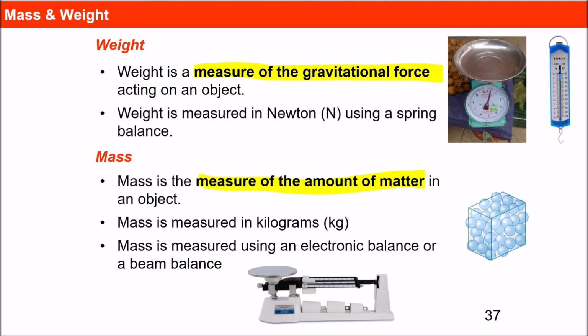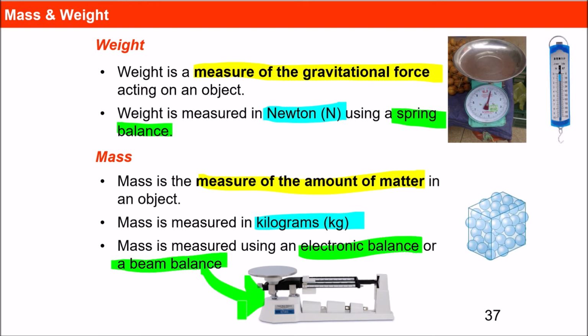The SI unit for mass is kilograms, whereas weight is in newtons. The instrument that you use to measure is also different. Weight is measured with a spring balance, and mass is measured with either an electronic balance or a beam balance. This is a beam balance, but there's another kind of beam balance which I'll show you later. So this slide is important, the differences between mass and weight.